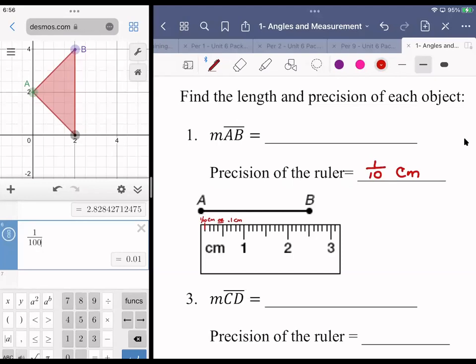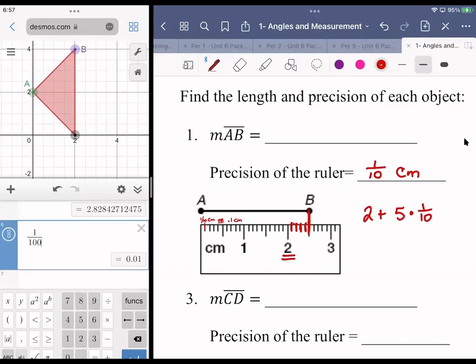So anyway, what we're looking at here, we have 2 followed by 1, 2, 3, 4, 5 of those 1/10. So 2 plus 5 of those 1/10.